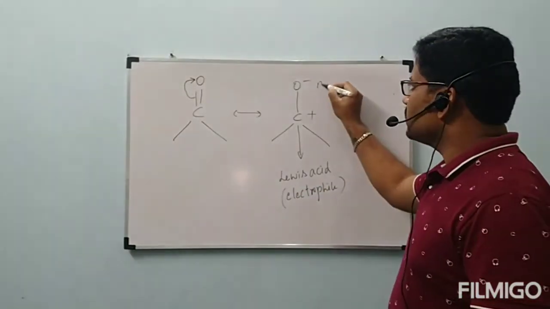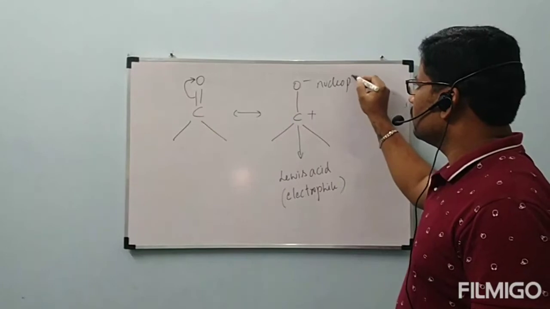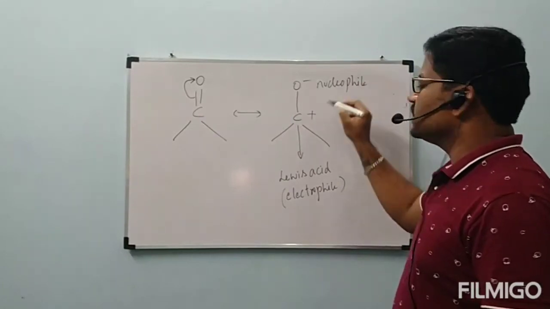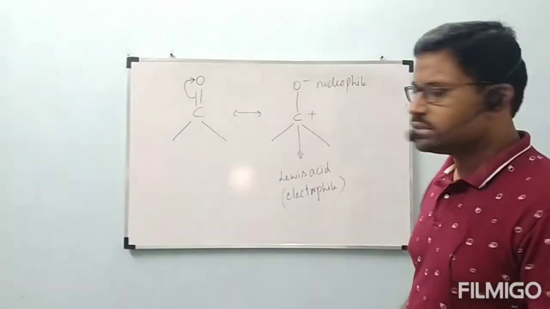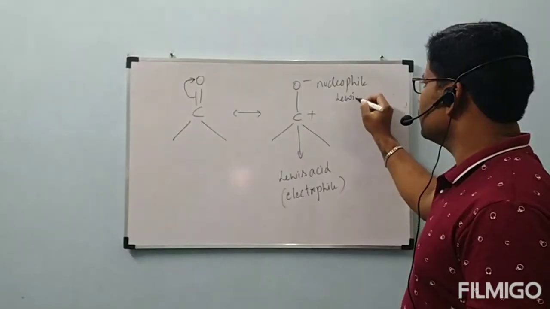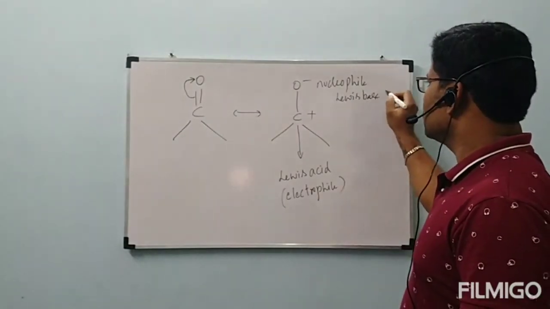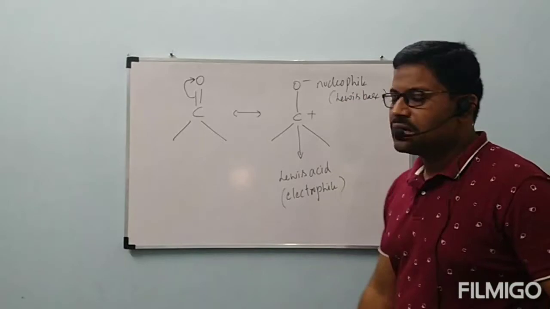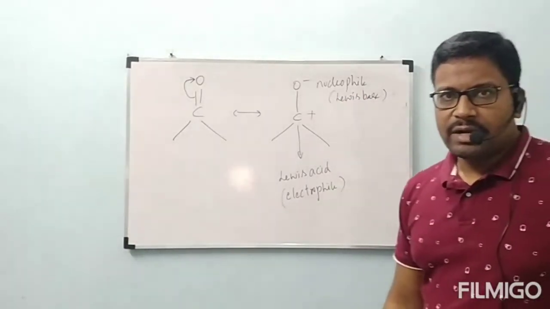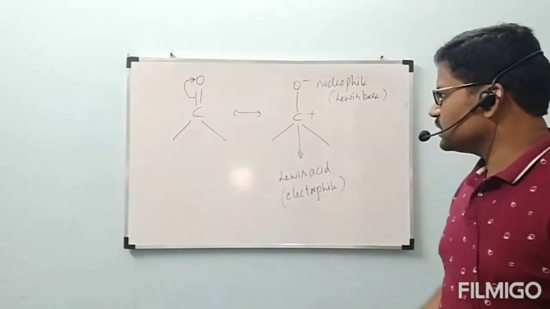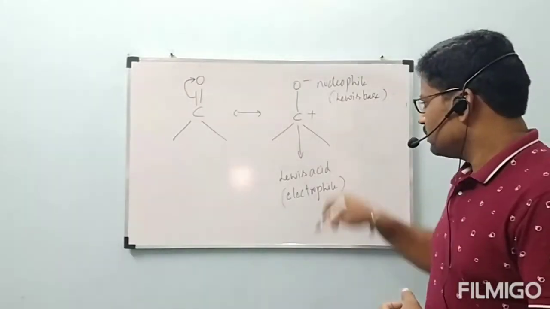Oxygen is acting as a nucleophile, which is capable of donating the electrons. Then it is acting as a Lewis base. The substance which can donate the electrons is called a Lewis base, and the substance which is ready to accept the electrons is called a Lewis acid.